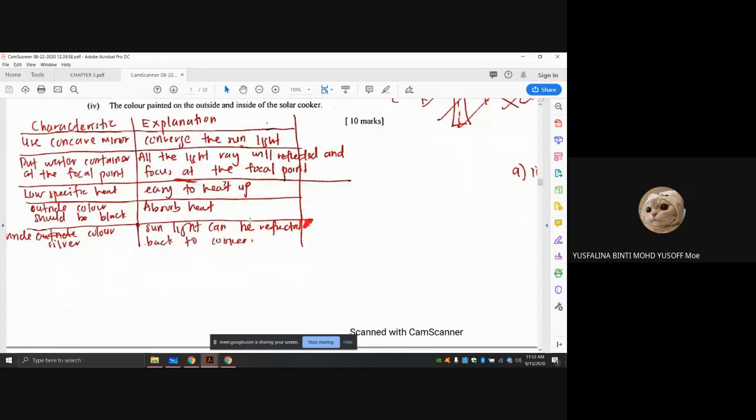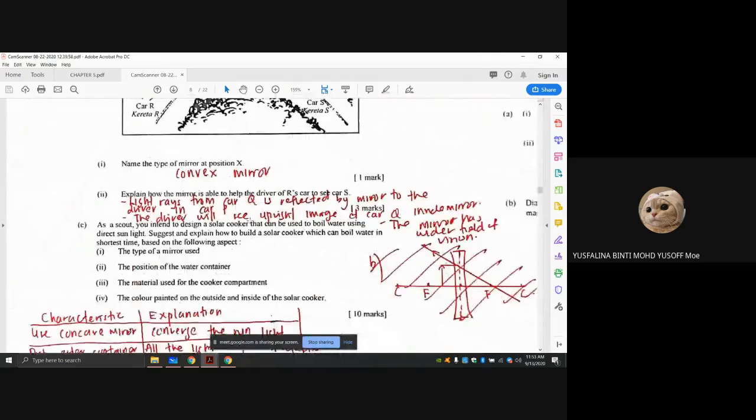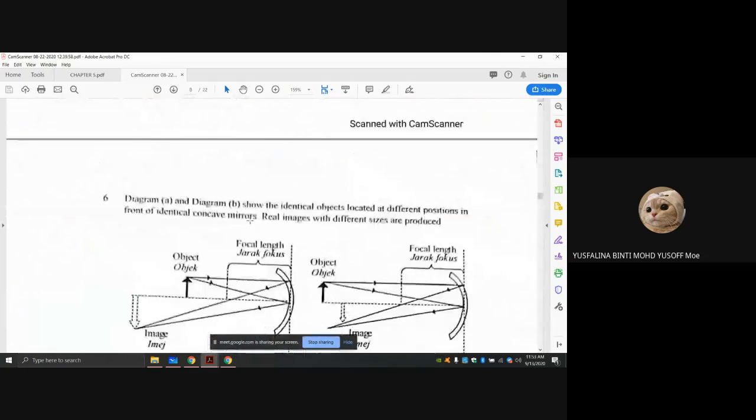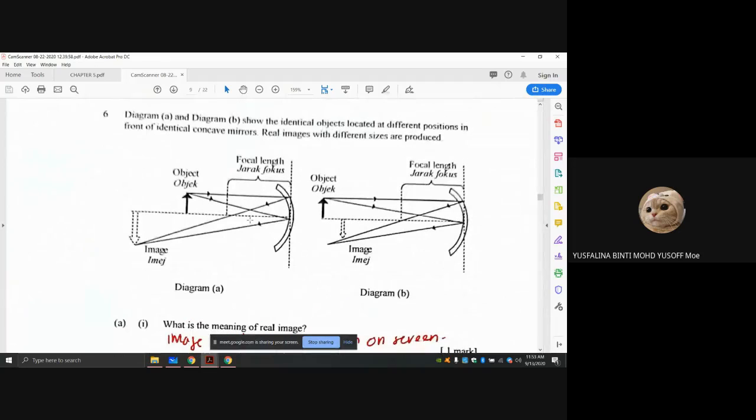Okay, let's see the next one. This one we already discussed. The next one is number 6. It shows an identical object located at different positions in front of an identical concave mirror.